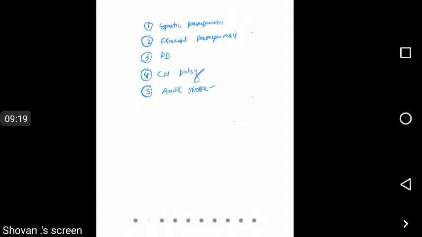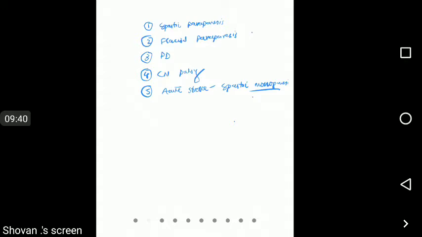When you examine the patient, you will find there is a spastic monoparesis. So the patient comes with spastic monoparesis, and in the upper limb, I will get some findings that confirm that this gentleman has hemiparesis. So acute stroke sometimes comes in the exam.